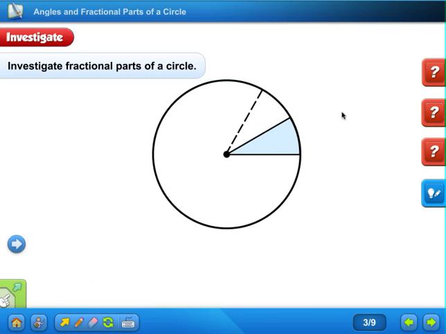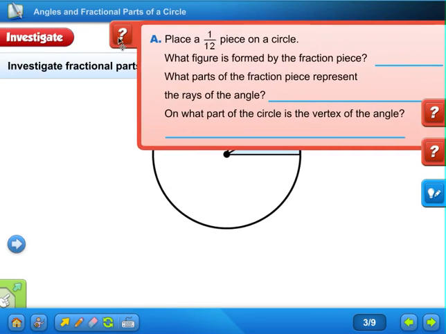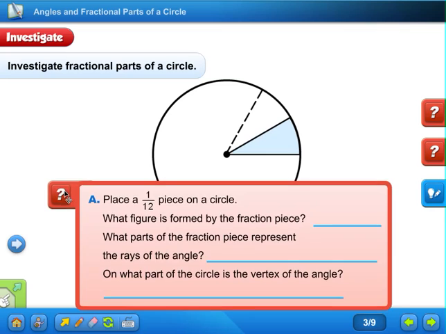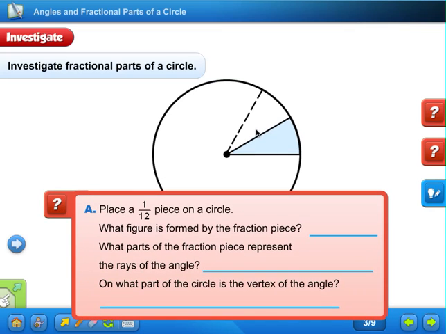Let's pull out the first question right here. It says, place 1/12 piece on a circle. What figure is formed by the fraction piece? So they've already placed that for us right here. In your book, you're going to have to do it.